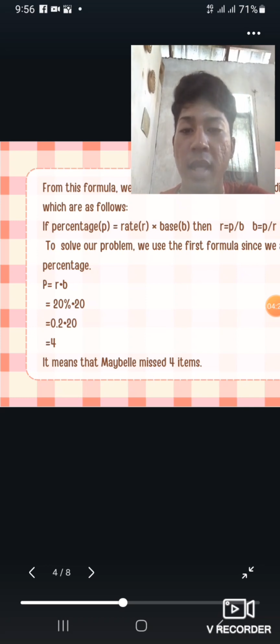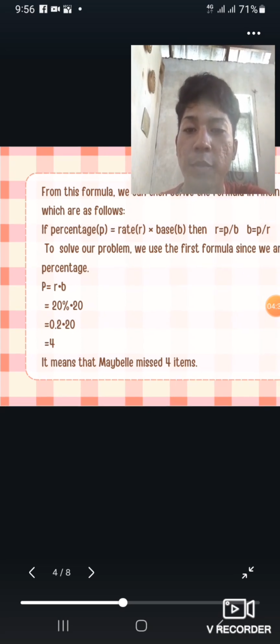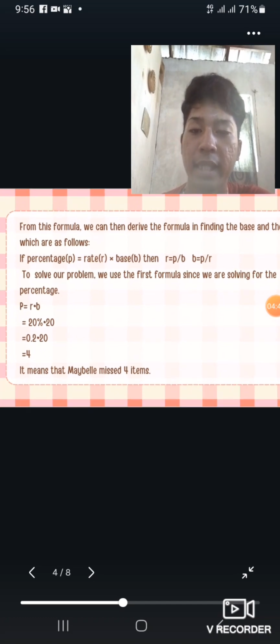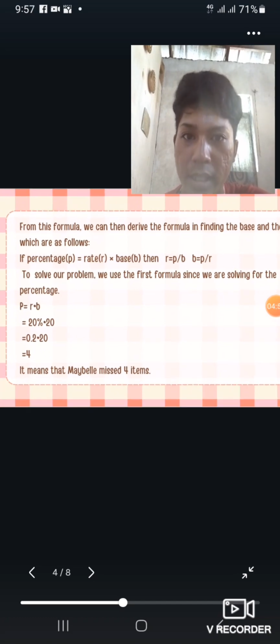So that is 0.2 times 20. If we multiply 0.2 times 20, we have 4. So it means that Mabel missed 4 items. So ang atong percentage is 4. So that is 4 items iyang na-miss.